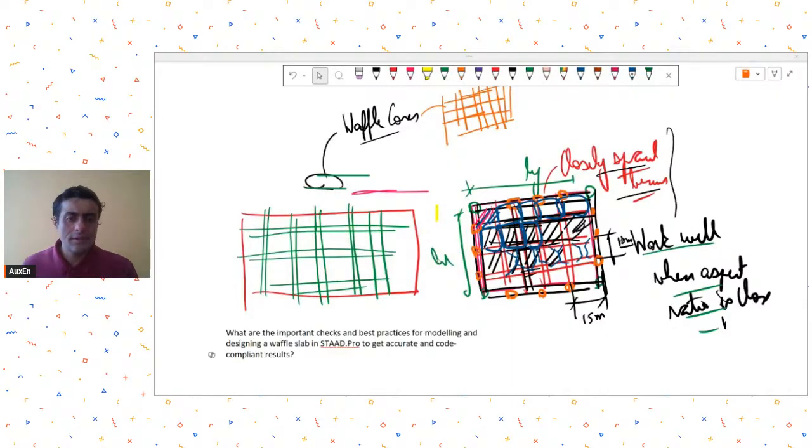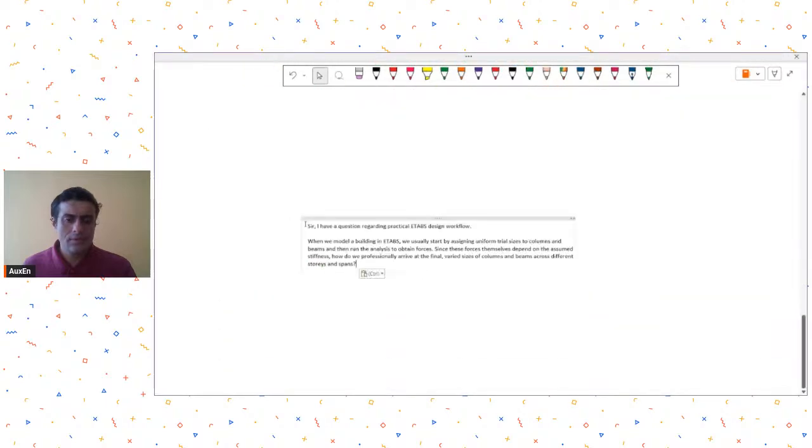Then the next question is from engineer Ronak Kare. He is from Goa and he is a working professional. He has a question regarding ETABS design workflow.